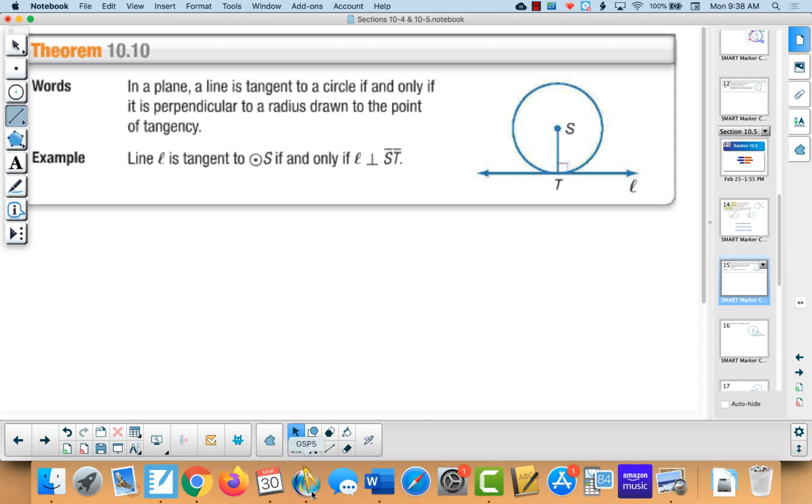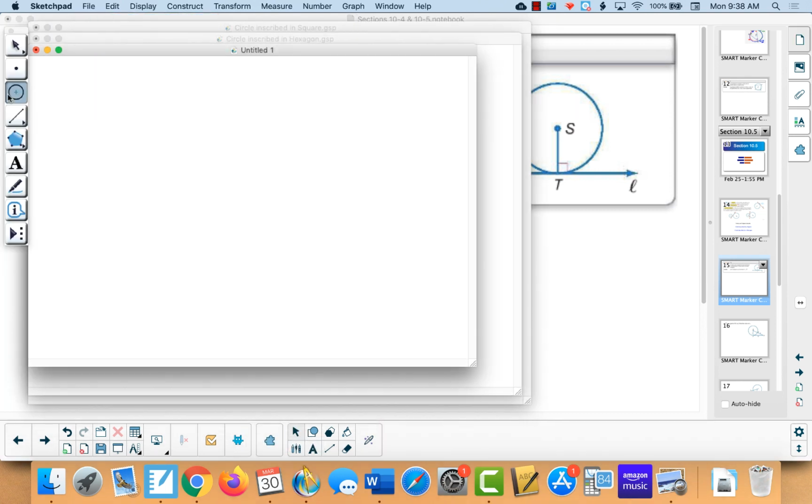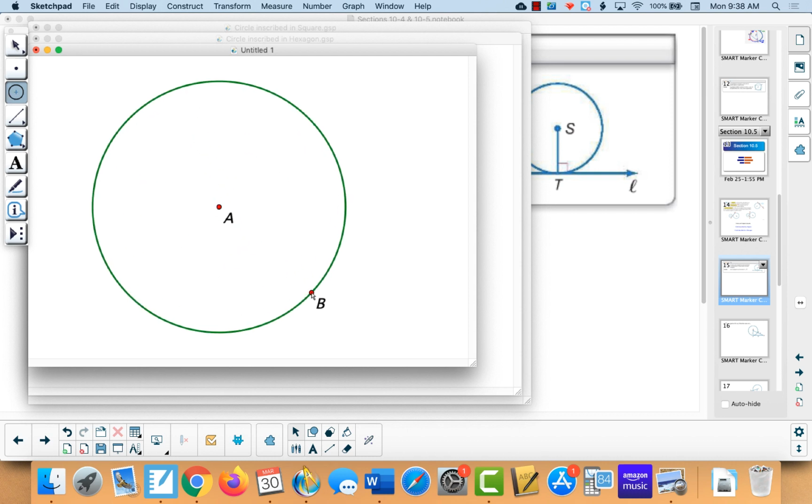Also, that works backwards. If I want to make a tangent line to a circle, the only way you can do that is to draw in a radius and to construct a line that is perpendicular at the point of tangency.